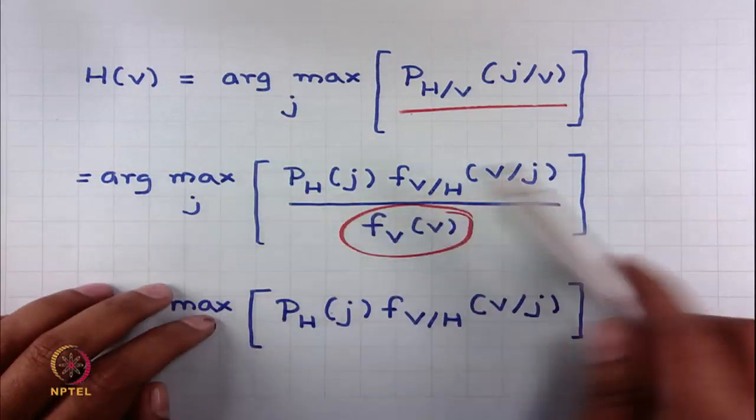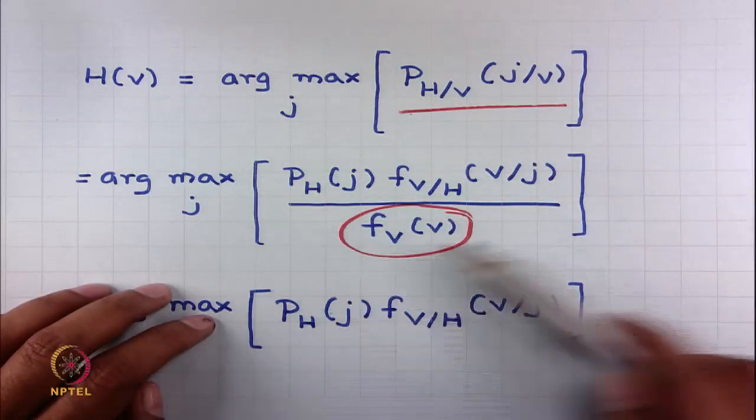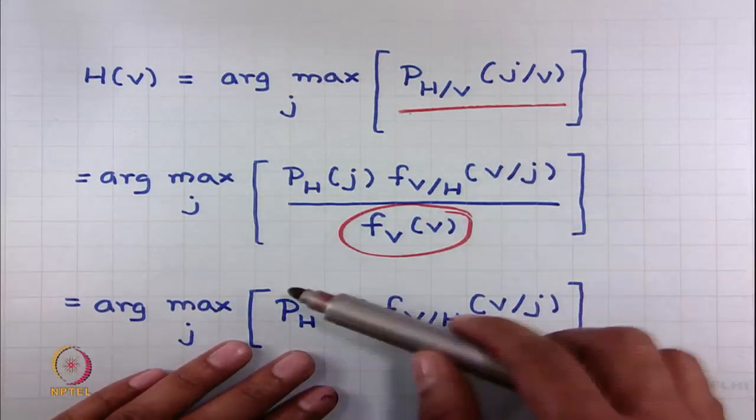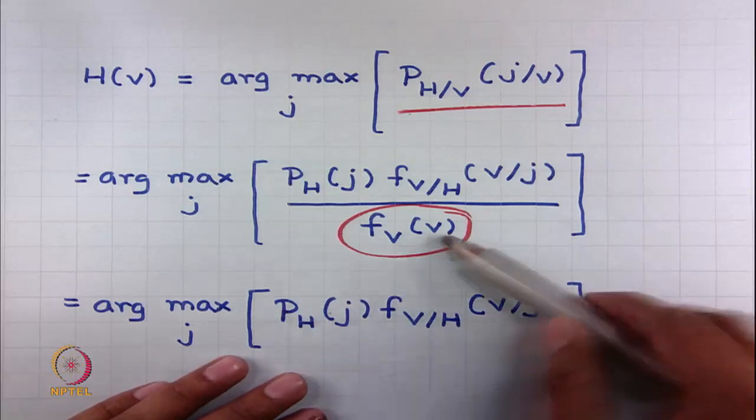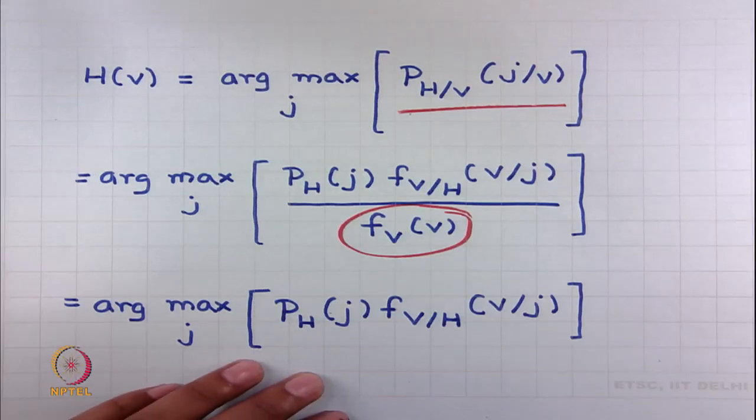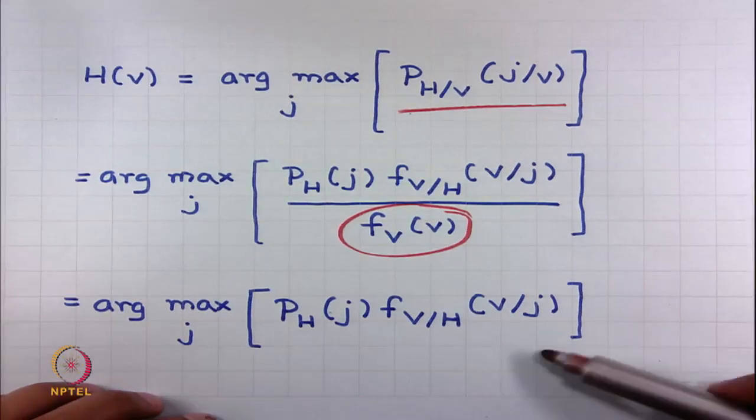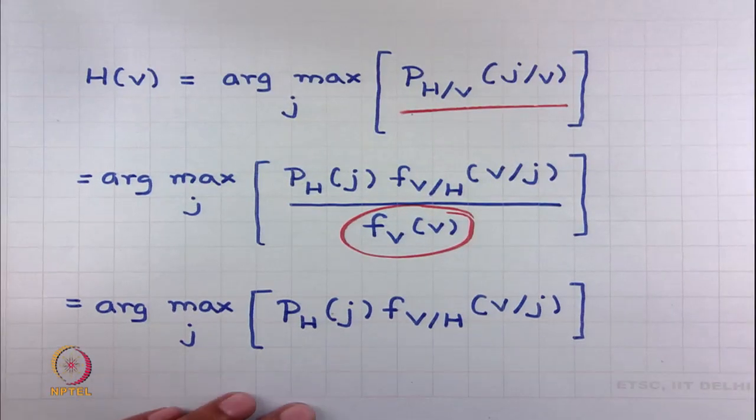Hence, if you try to maximize this quantity, this is the same thing as trying to maximize this quantity, because this is not a function of j. And hence, the MAP rule can also be understood in this way.